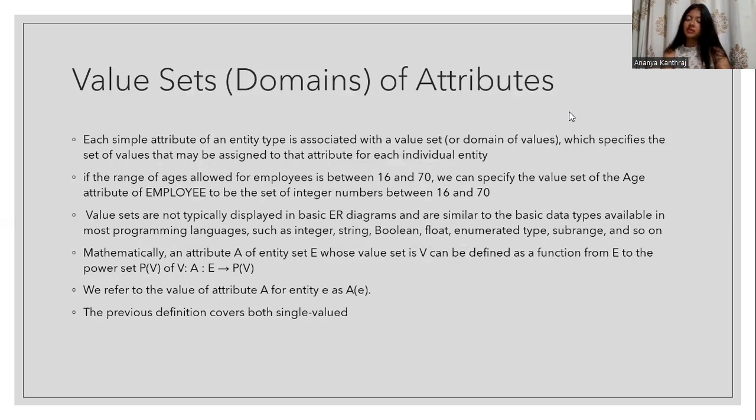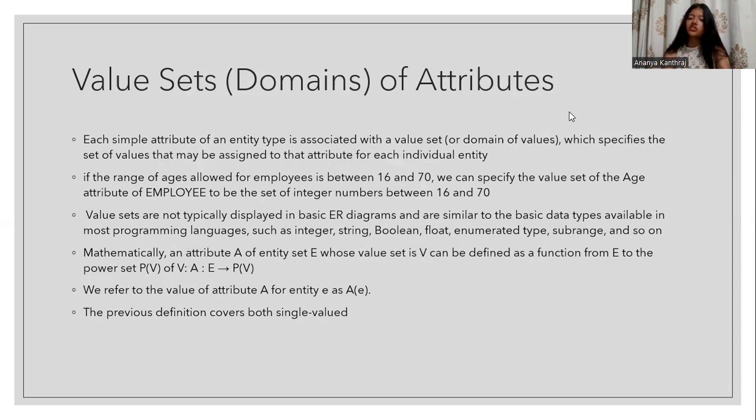Value sets are not typically displayed in basic ER diagrams and are similar to the basic data types available in most programming languages, such as integer, string, boolean, float, enumerated type, subrange, and so on.